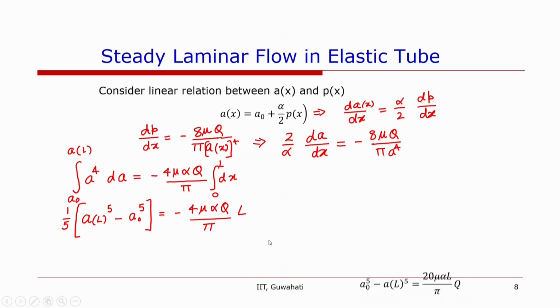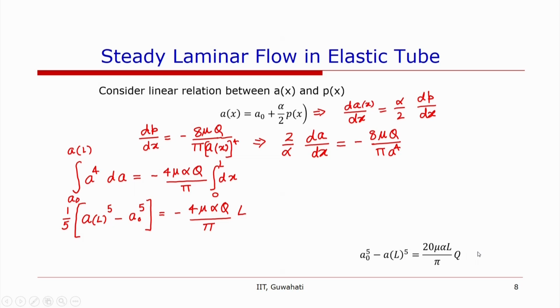So, if we take this here, we will get this relationship. Minus can be brought here. So, A naught to the power 5 minus AL to the power 5 is equal to 20 mu alpha L over pi q.